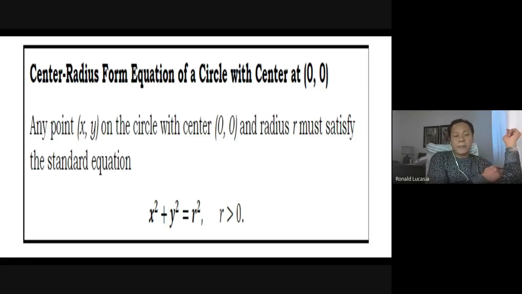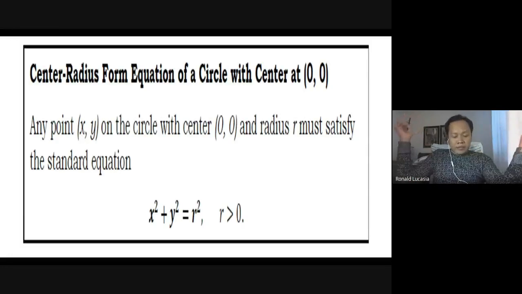R must not be equal to 0 because in the real world, there is no such thing as a radius of 0. And there is no negative radius, because the radius is the distance from the center towards any part of the circle.